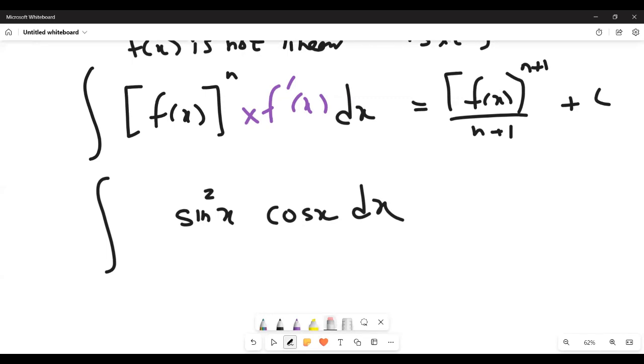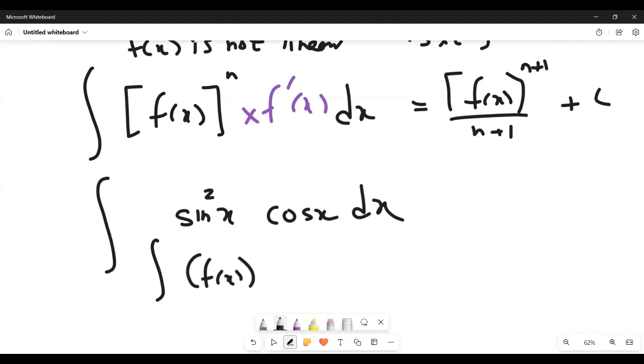We do have a function with the power on it. The power is 2. The function is f(x). Do we have the derivative of f(x) with us? The derivative of sine x is cos x. So we do have the derivative. So this rule is applicable.